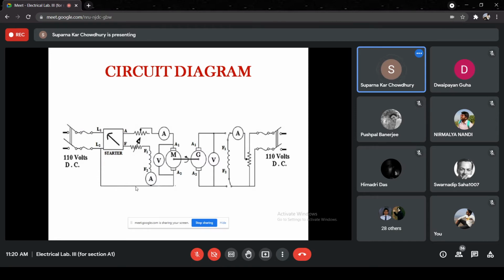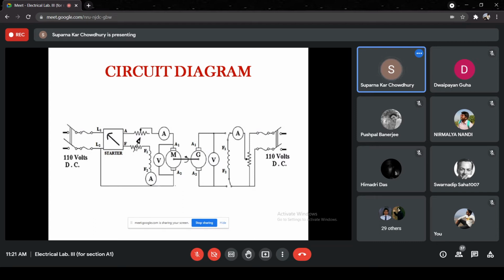So if we take the total input from here, that is V into I, minus I square R, where we measure the resistance of the armature, then the minus I square R will give you the other losses. Other losses include the bearing friction loss, windage loss, brush friction loss, field copper loss, and the iron loss.